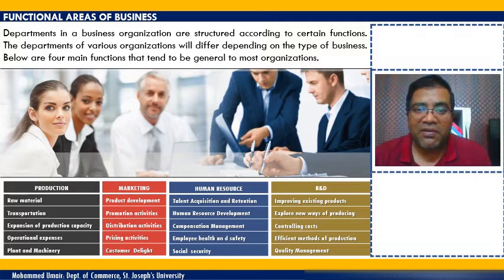So R&D plays an important role because R&D should come up with products which are latest in terms of technology, and R&D should also be focusing on developing products of the future, right? And any organization that becomes complacent, that does not innovate, that does not invest in the R&D department is most likely to fail.